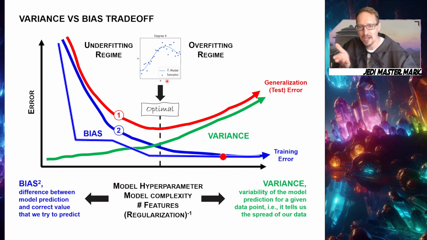And the optimal model is going to be somewhere in between. So what we're going to shoot for, and we'll talk about this with regularization, is we want a model that takes into account both the bias and the variance and this trade-off between them in order to come up with an optimal model that's going to make a good prediction on new data.